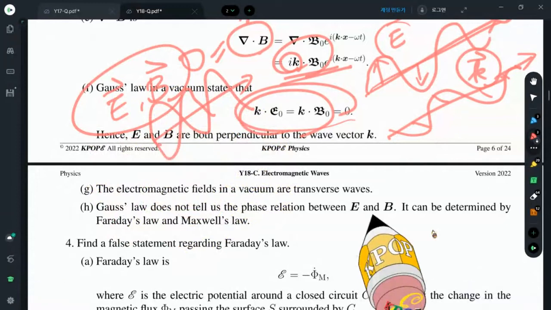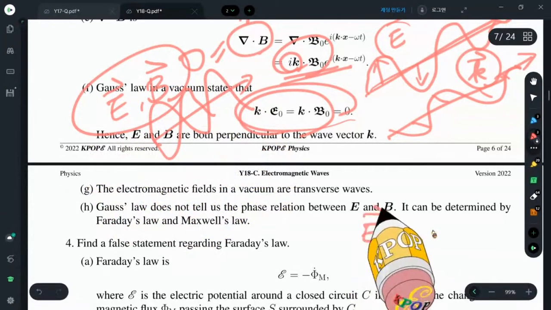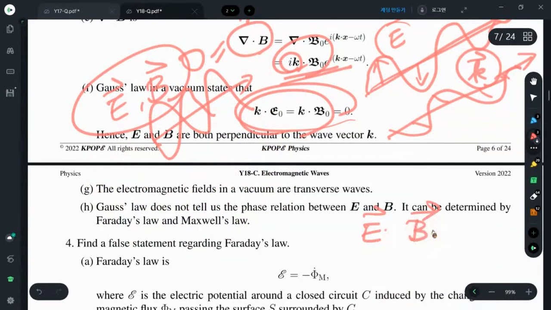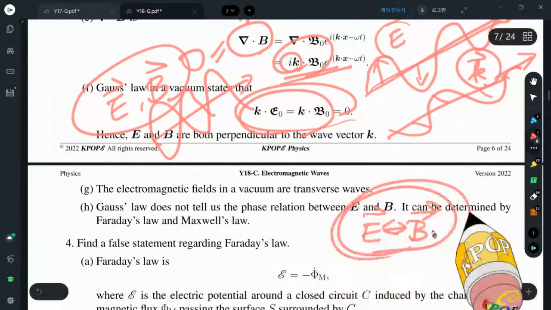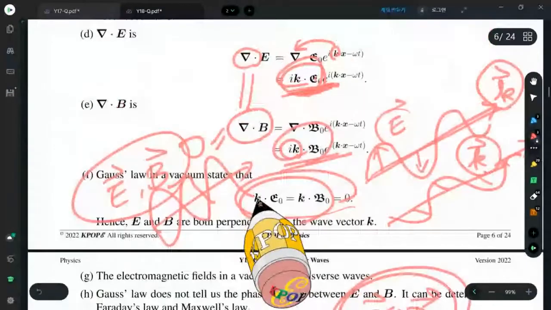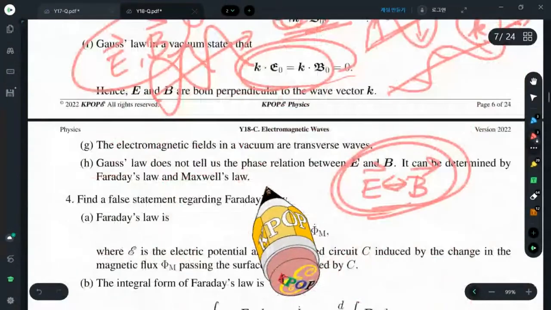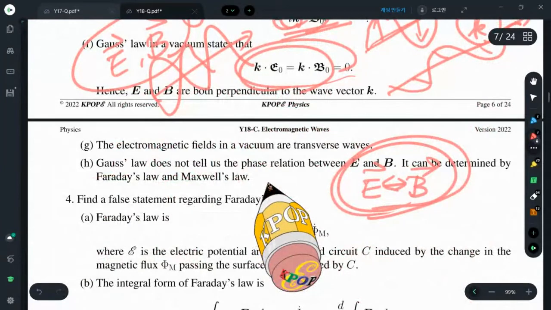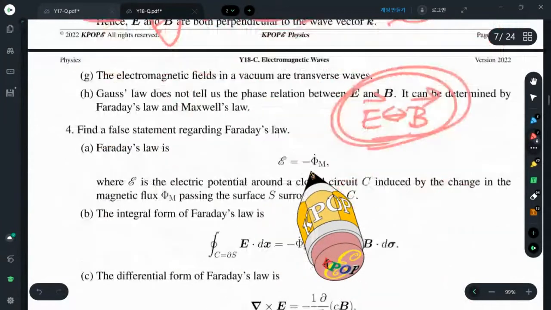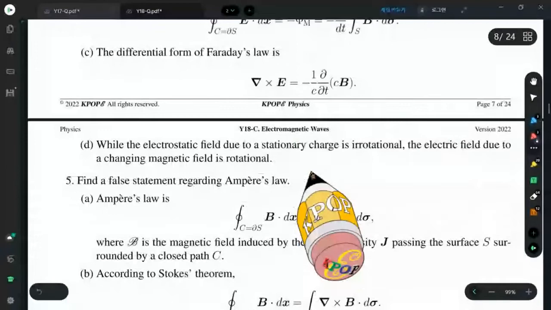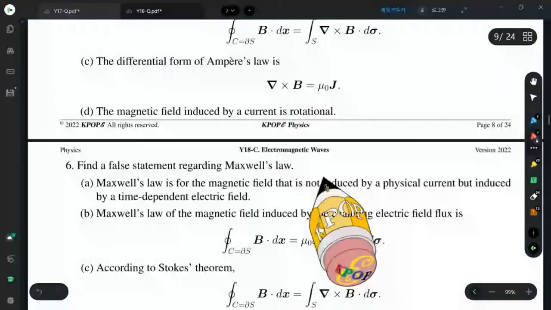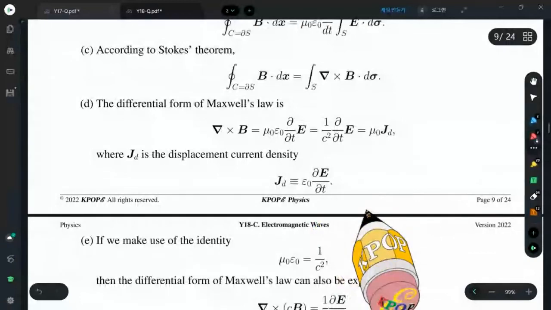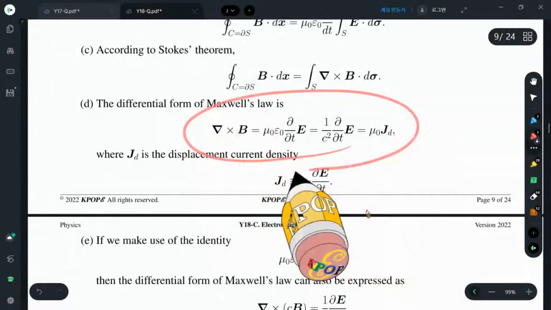But at this moment, we still don't know the relationship between the electric field and the magnetic field. The relationship between them can only be obtained from Faraday's law and Maxwell's law. Let's do that. This is the one, and this is the one.